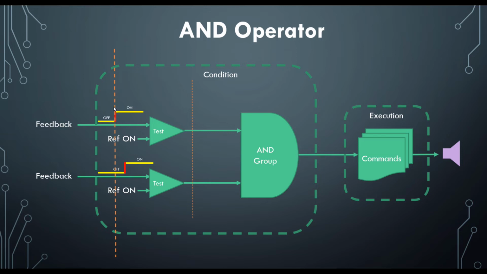If we take a snapshot at this precise moment in time, we can see what the tests are detecting at that precise moment. Here, the state has changed from off to on, so the input state matches the reference state, and consequently the output of the test goes high, meaning that the test is true.